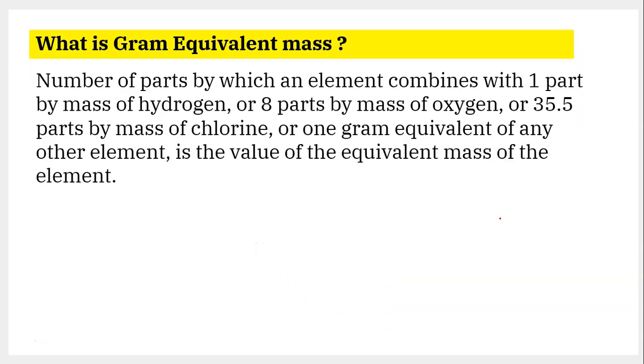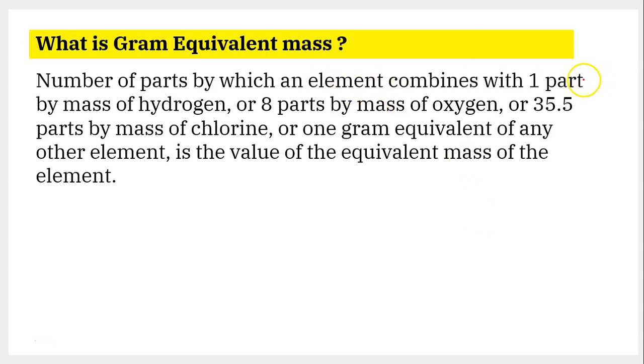So let's get started by understanding what exactly is gram equivalent mass. We already have heard of gram molecular mass, which is calculated by summing the atomic masses of all the elements present in a molecule. And now, what exactly is gram equivalent mass?